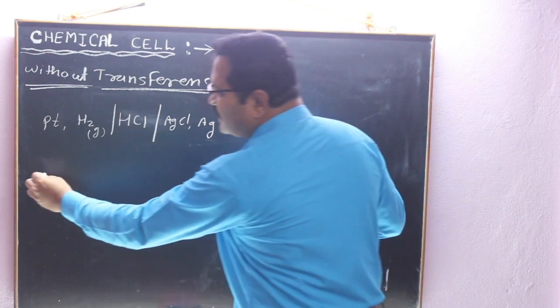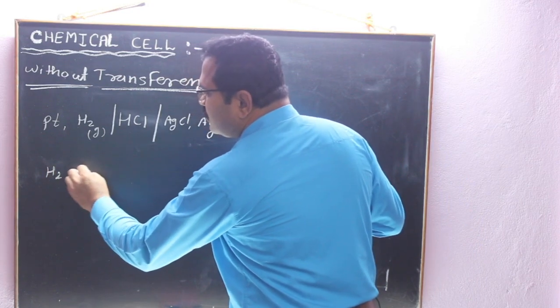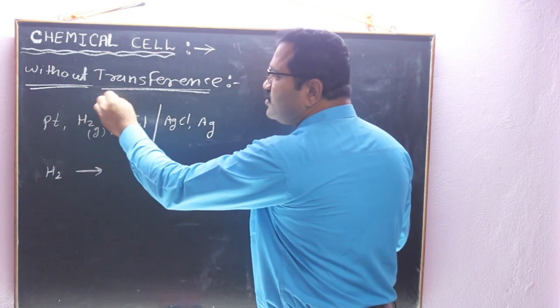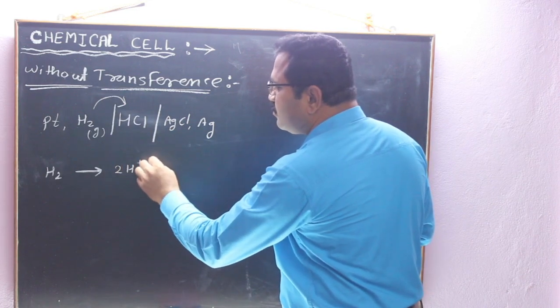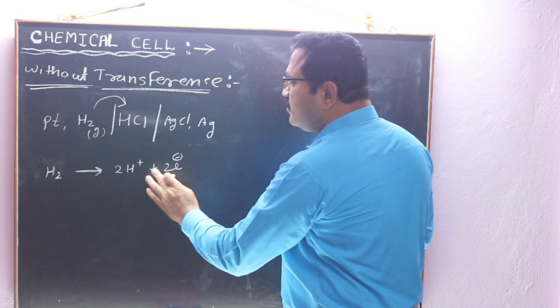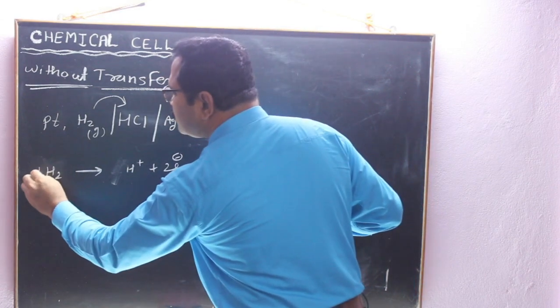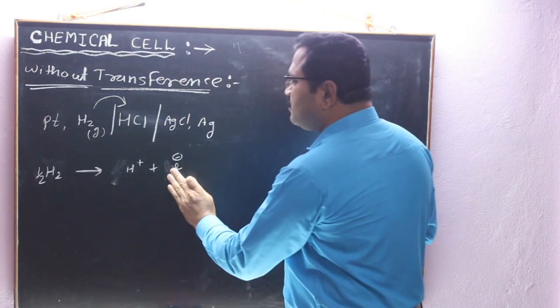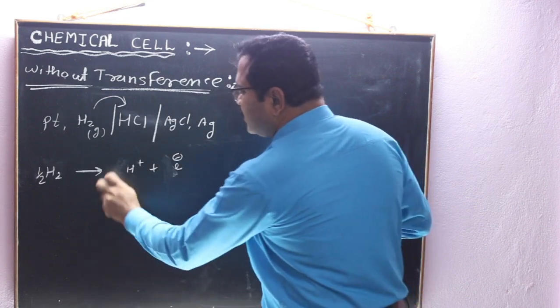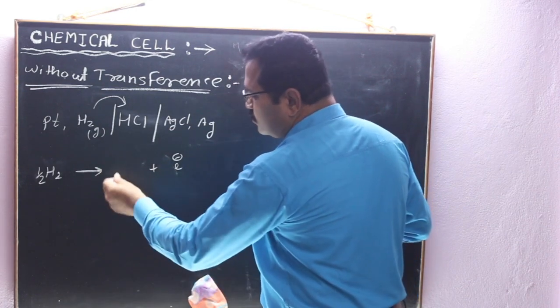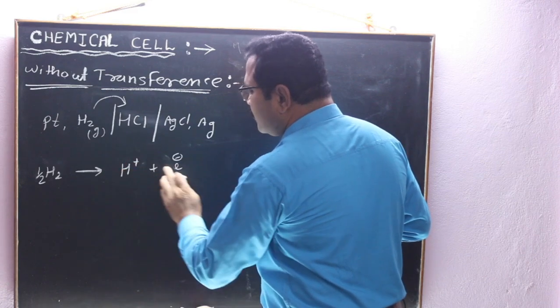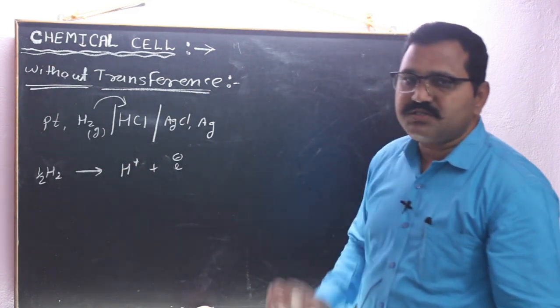Write the cell reaction. Here H2 undergoes oxidation: H2 gives 2H plus and 2 electrons, or you can take half H2 gives H plus and electron. From both sides, if we take H2 or half H2, then the last equation will be the same.